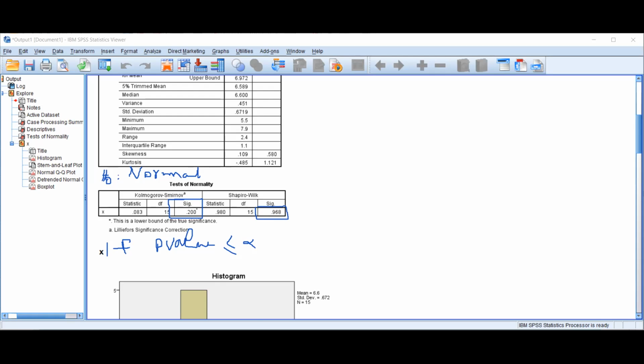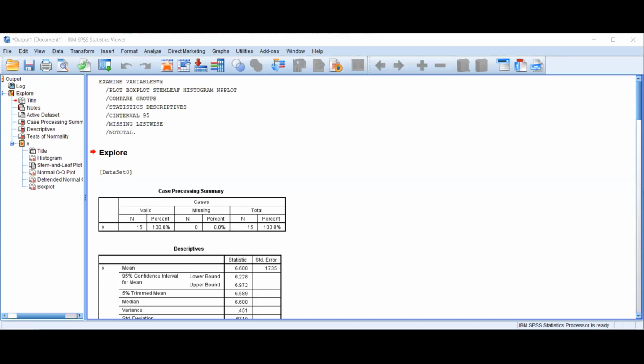Now we have to apply the test statistic, which is the t-test, for this problem. You have to go to Analyze. In Analyze, we have the menu of Compare Means because we want to compare the pH value with 6, that is, compare the mean with a number.